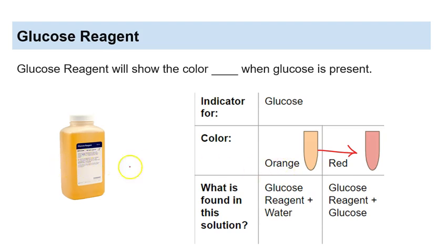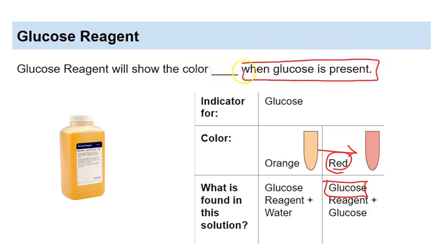But when the color changes to red, it means there is glucose present in our solution. So glucose reagent will show the red color when glucose is present. When it's amber or orange, it means no glucose. So orange color, no glucose. Red color, yes, glucose.